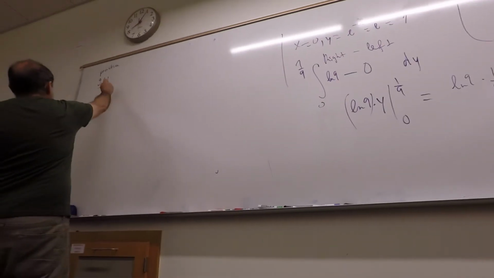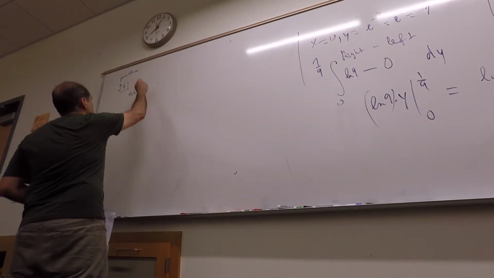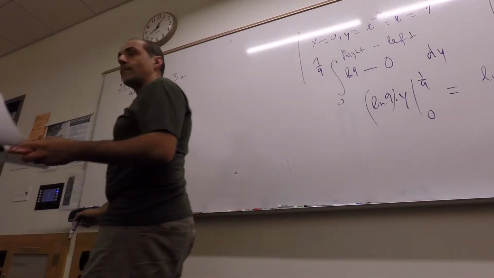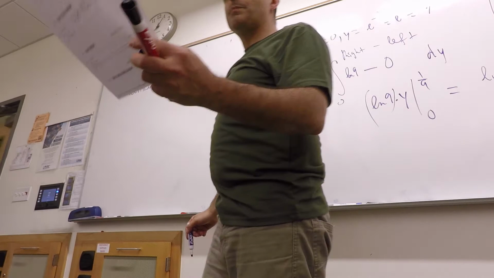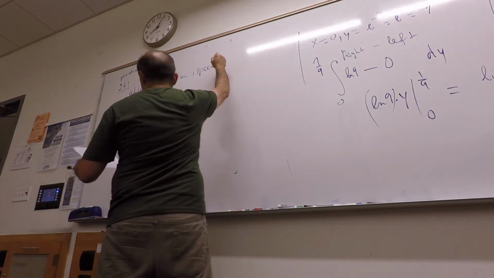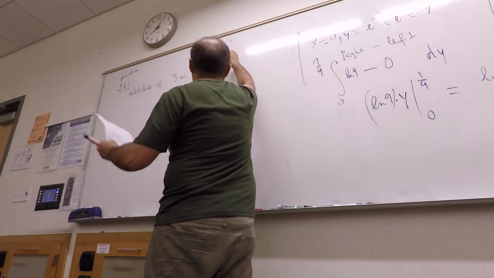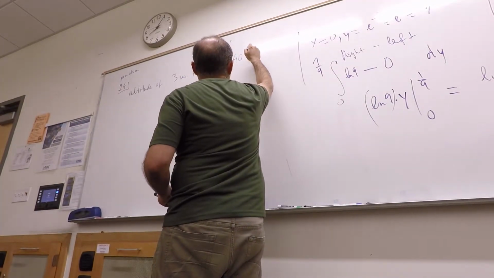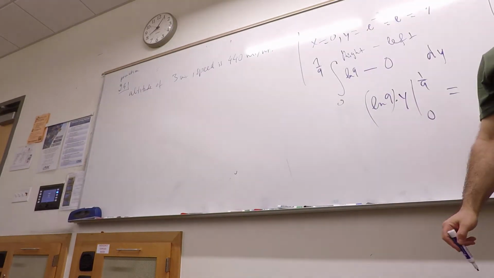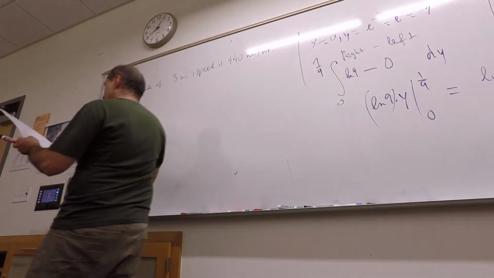We have an altitude of 3 miles. We have a plane. The speed of the plane is also given: 440 miles per hour. It passes directly over a station.